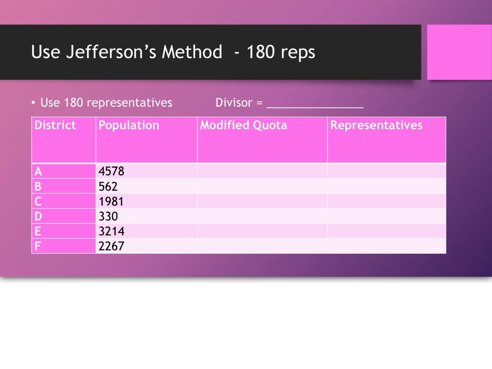So let's take the exact same data set, and I want you to use Jefferson's method. Find the divisor, and then find the quotas and the number of representatives using Jefferson's method. Push pause on the video, do that, and come back and see if you got the right answer.